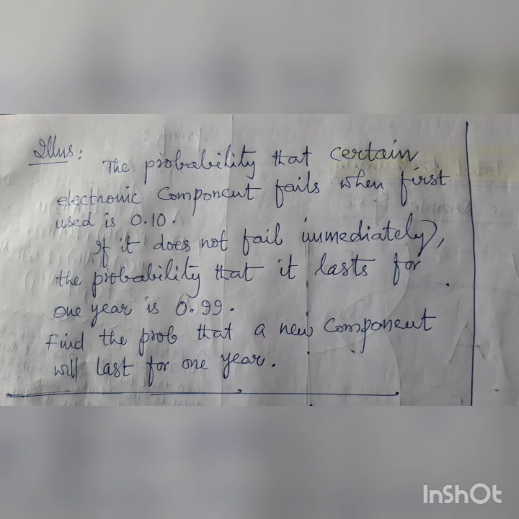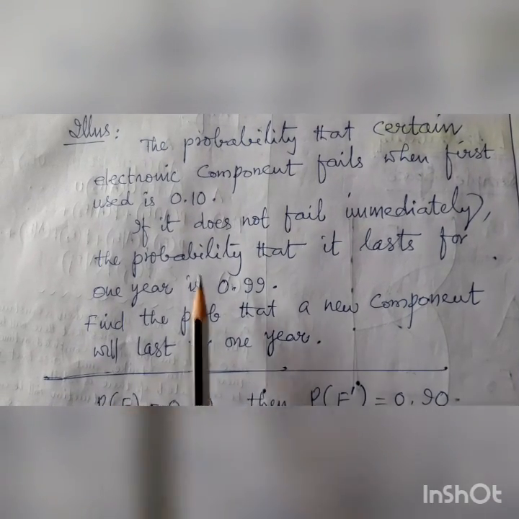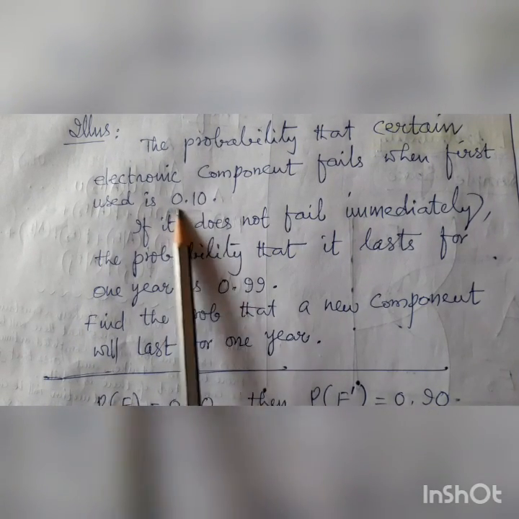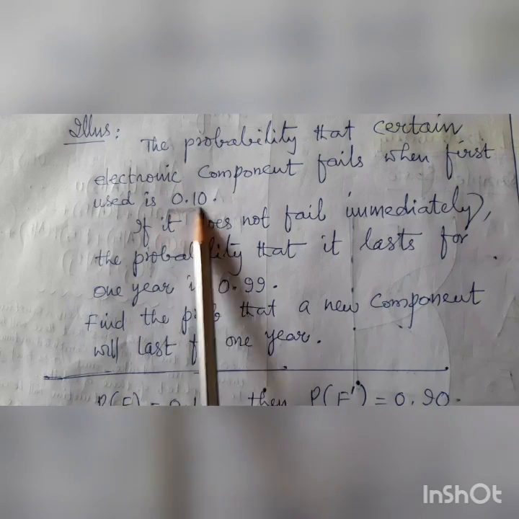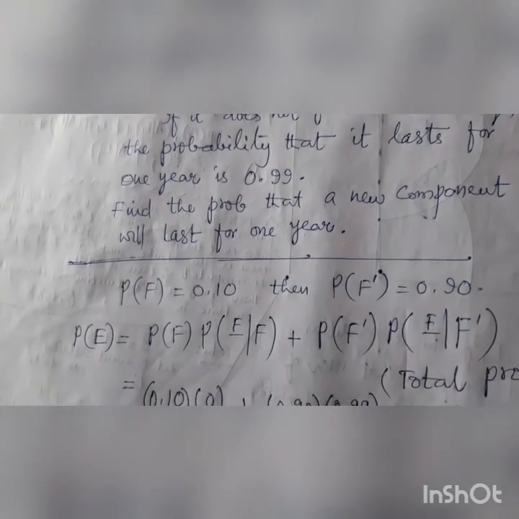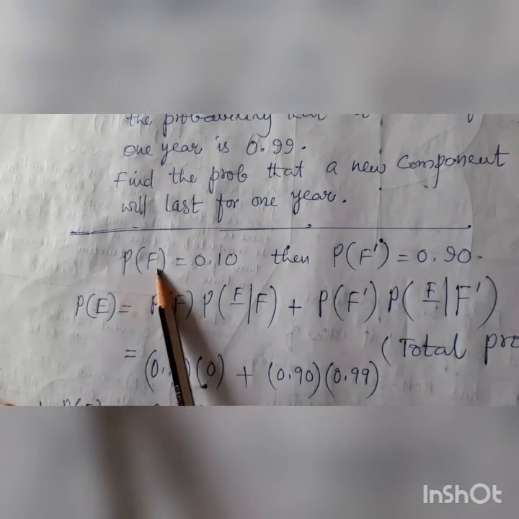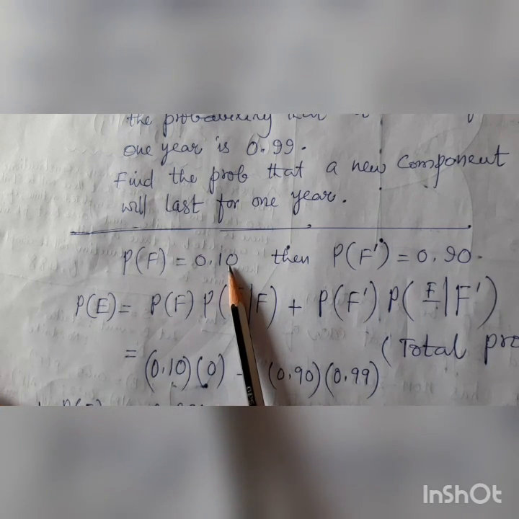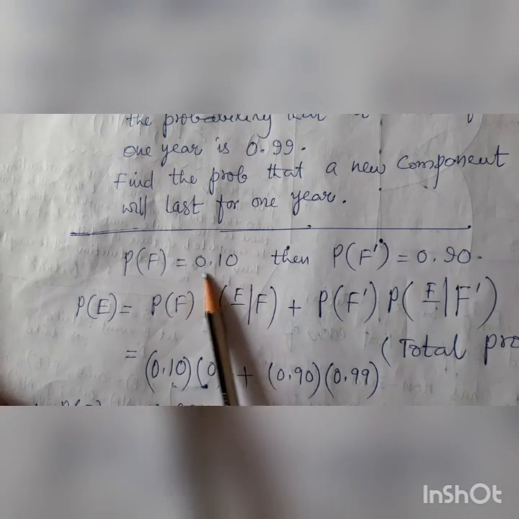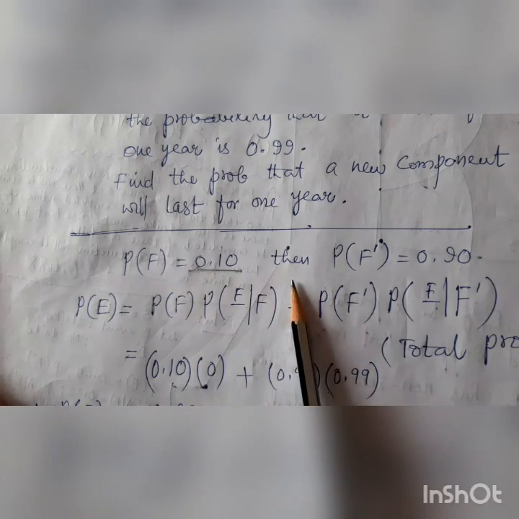P of F is 0.10, the failing probability.